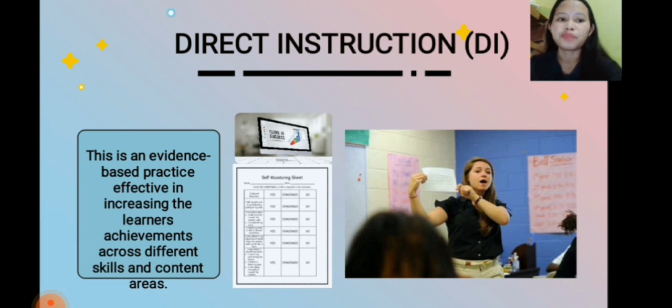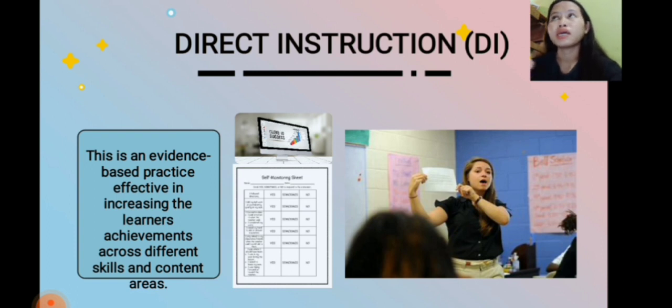It comes from the word direct. It means it is a method in which the teacher teaches the learner directly. This means that the teacher stands in front of the classroom and presents the information.